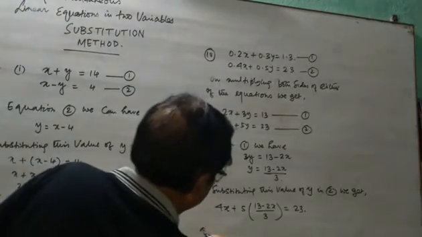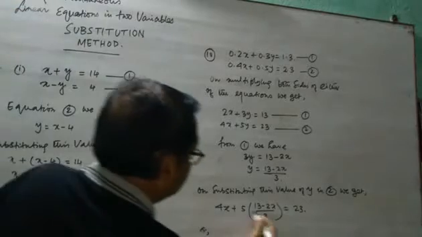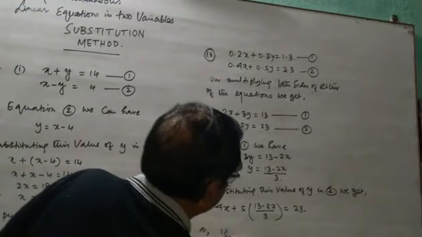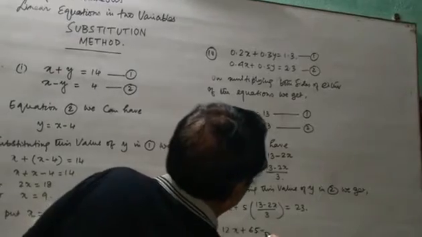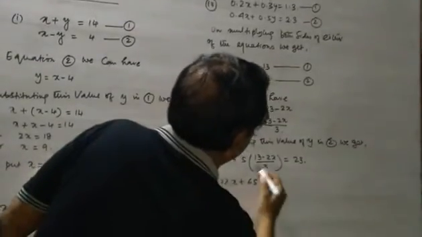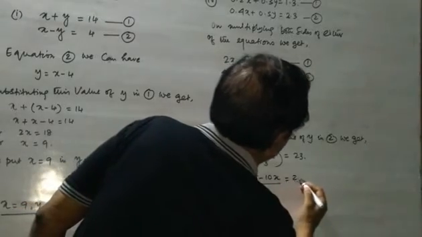Now you will solve this equation. This is a linear equation in one variable. This will be 12x plus 65 minus 10x by 3 is equal to 23.